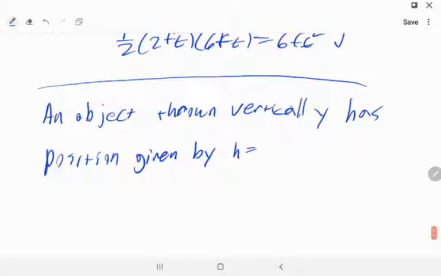The height of the object is going to be given by its initial position plus its initial velocity times time plus 1/2 times the acceleration of gravity times time squared.